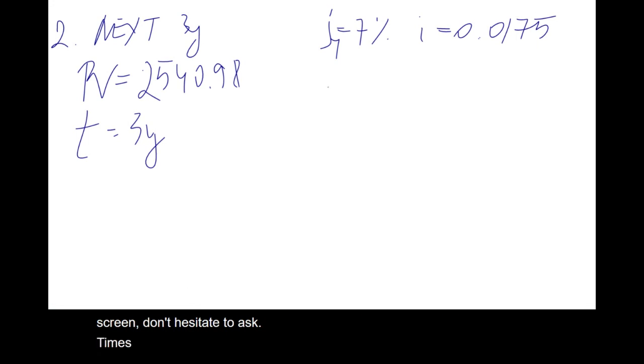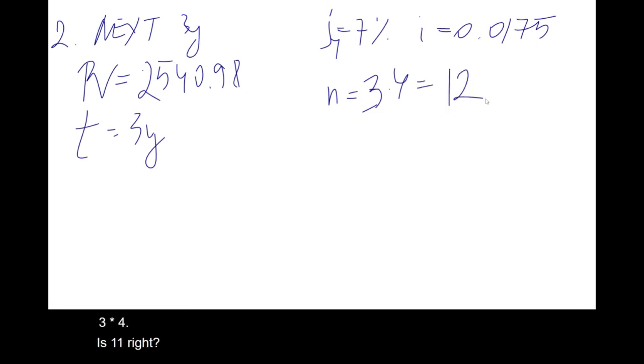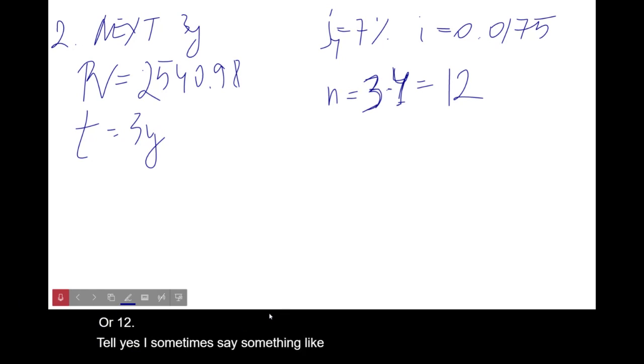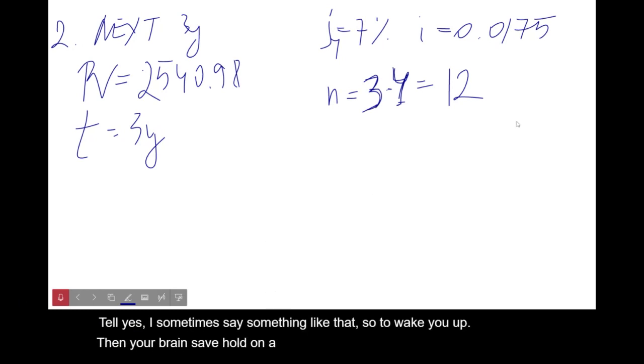Times 3 years, so n would be 3 times 4 is 11, right? Is 3 times 4 11, guys? Or 12? 12, yes. I sometimes say something like that to wake you up. Then your brain says, hey, hold on a minute, it's not 11.